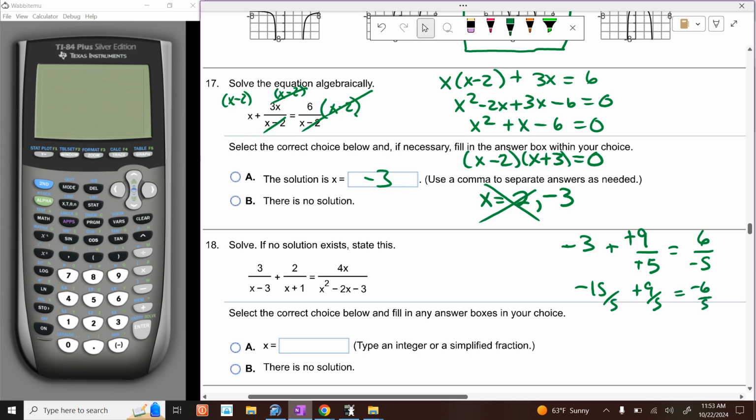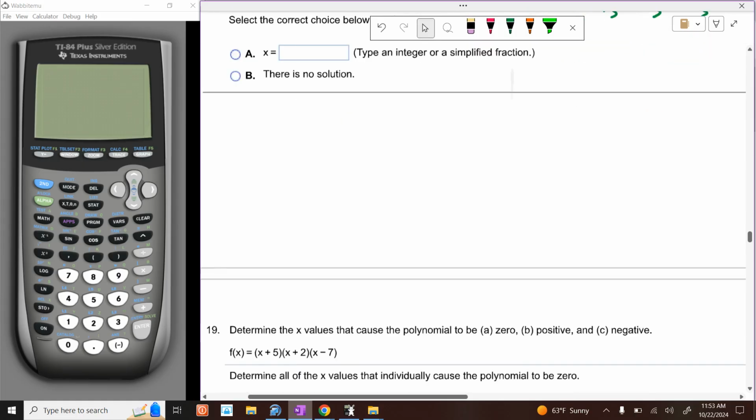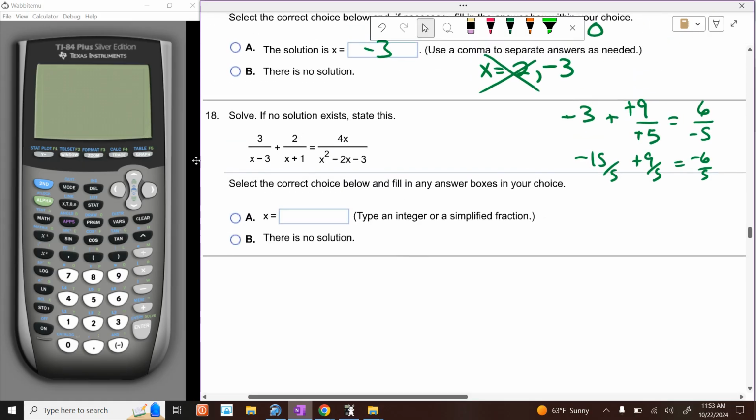Yep. All right, on this one, so we multiply the top by x minus 3 and x plus 1, because that's what this factors into, so these cancel. Multiply this by x minus 3, x plus 1, and this by x minus 3, x plus 1. So the x minus 3's cancel, x minus 1's cancel.